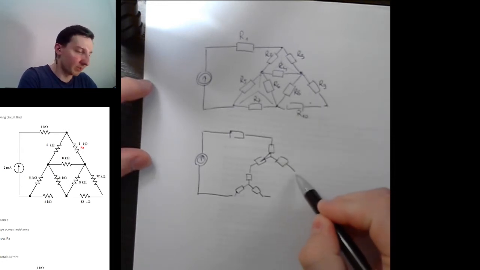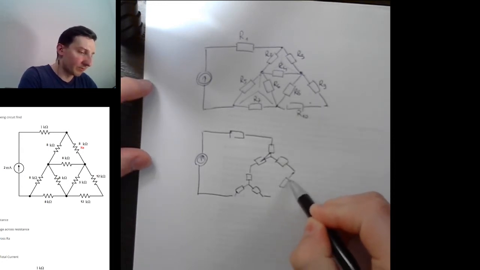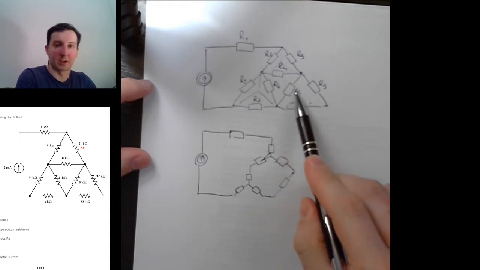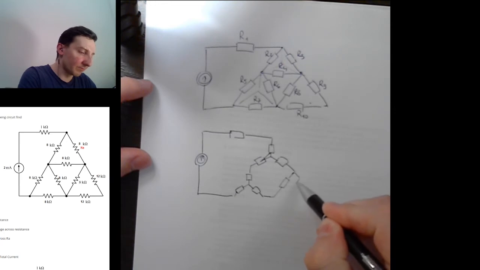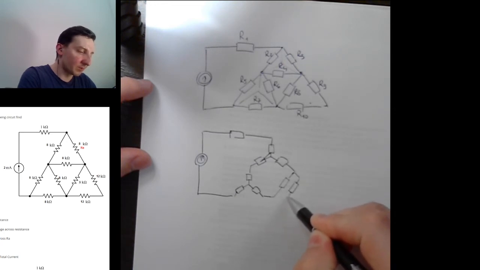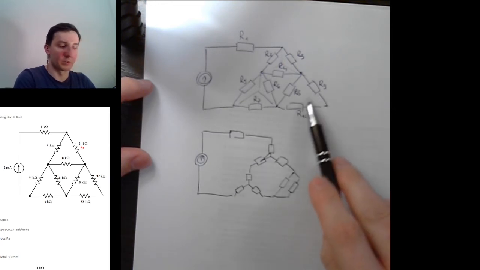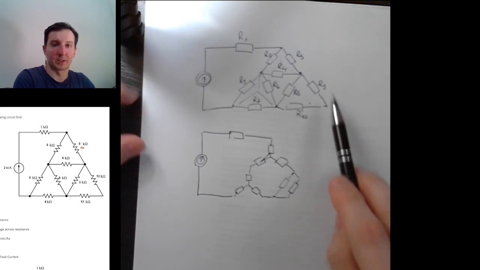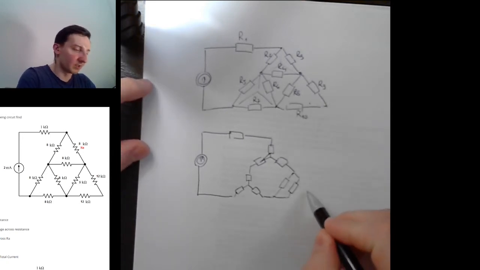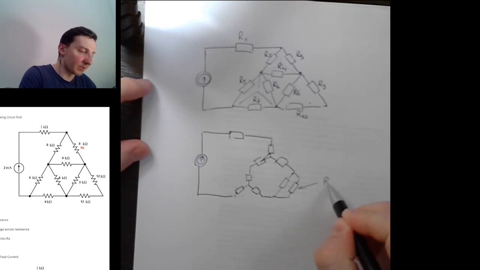So we have this resistor R8, which is exactly the same value, and a second resistor, which is equivalent to these two connected in series. So this is R9 plus R10.